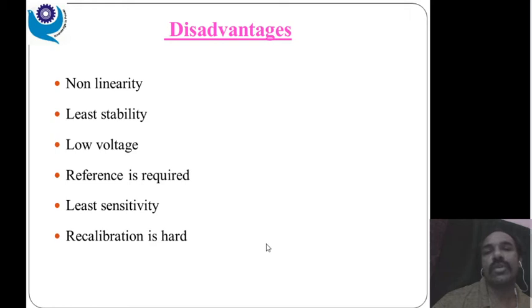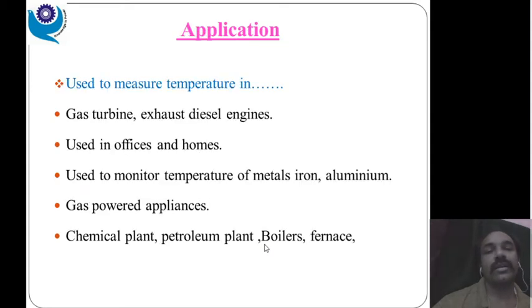Cascading of thermocouples is required, right? Recalibration is hard, because we are using them at very high temperature applications. Continuous calibration is required, but when we fit the system at the extreme end, for extreme temperature, recalibration is somewhat difficult, right?